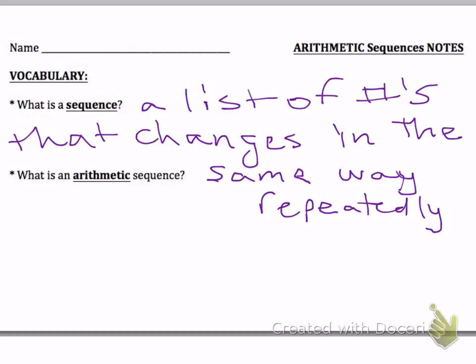Okay, so an arithmetic sequence is a special kind of sequence that changes repeatedly through addition or subtraction over and over.